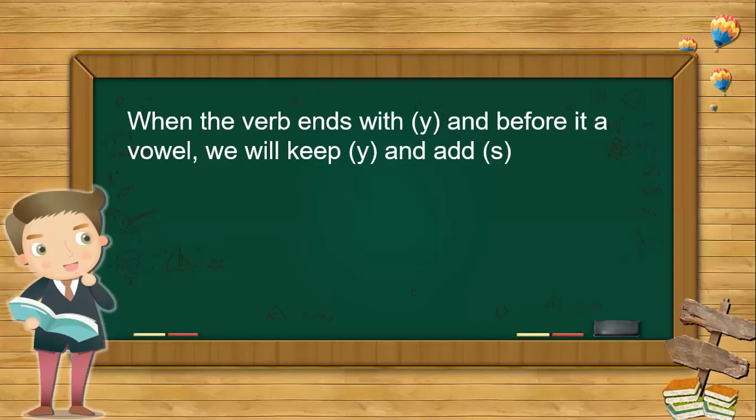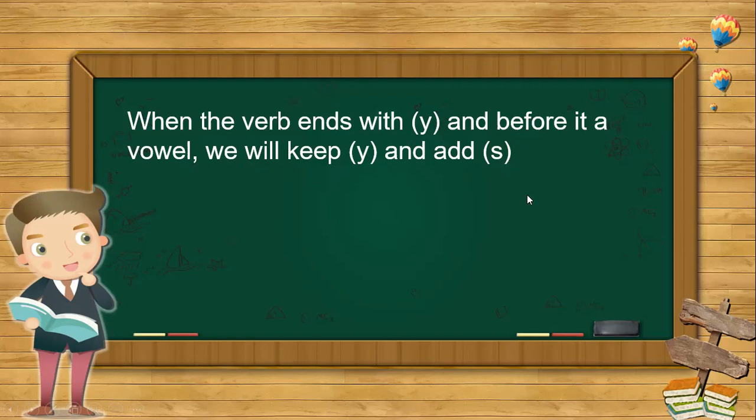We keep the Y. So if there is a vowel before the Y, we don't break the Y into IES. We just add S. When the verb ends with Y and before it is a vowel, we keep the Y and add S.